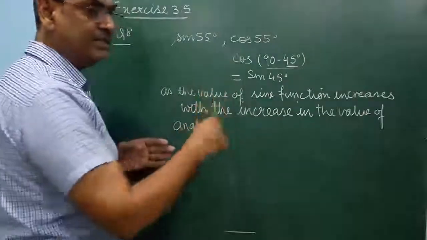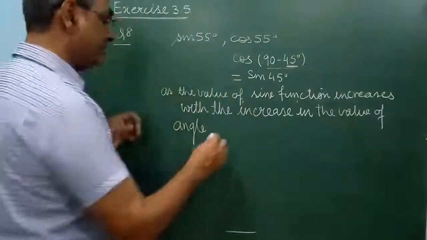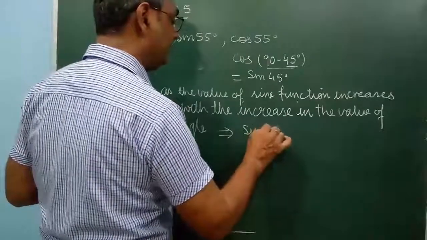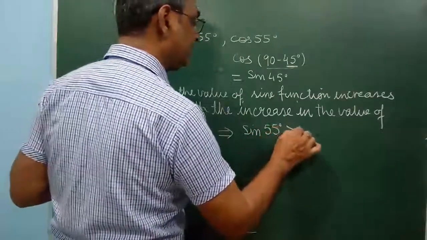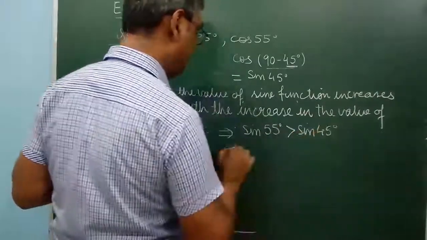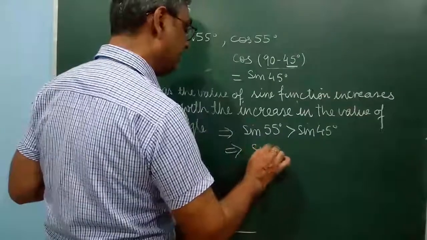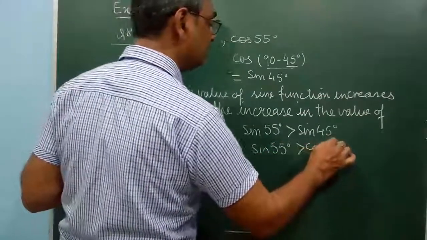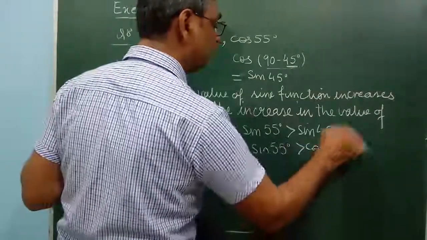As the angle increases, the value of sine also increases. This implies sine 55 degree is greater than sine 45 degree, which implies sine 55 degree is greater than cos 55 degree.